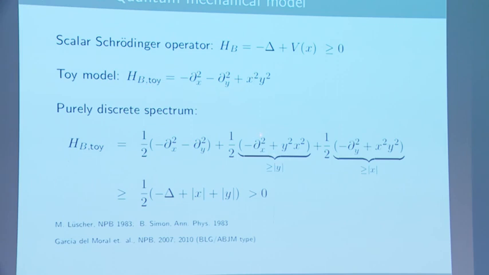So this, if you recognize it, is just like a harmonic oscillator in the x variable with a frequency y here. So this is just bounded from below by the zero point energy, which is then the frequency y. And the same thing here, it's just symmetric in x and y.